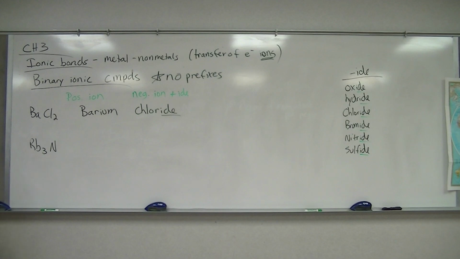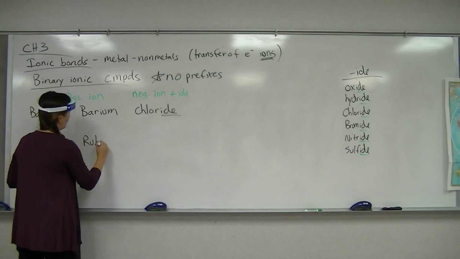The next example, I have Rb3N. It does not matter that there's 3 of them when we're naming it, okay? Because we're not including prefixes anymore, so it's not going to be tri. So we just look up Rb on the table, and it is an alkali metal. So it's going to form a positive ion, a cation. It's going to lose electrons. So Rb is rubidium.